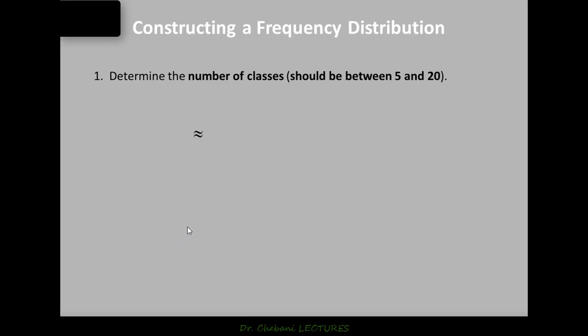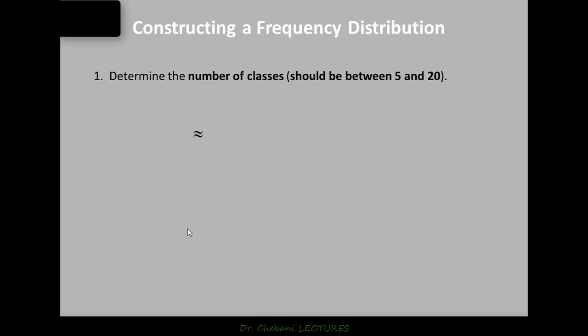So the first thing to do when we are constructing a frequency distribution table is to determine the number of classes that you would need. Unfortunately, this is not really an exact science. You'll have to look at the data points that you are working with and decide how many classes you would need in order to display those data points accurately.